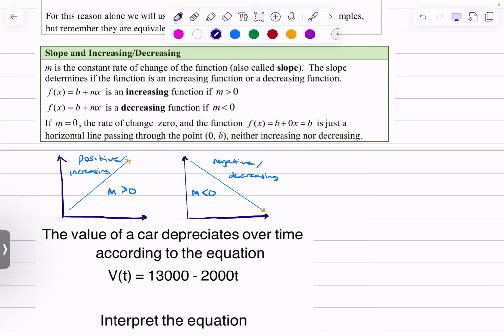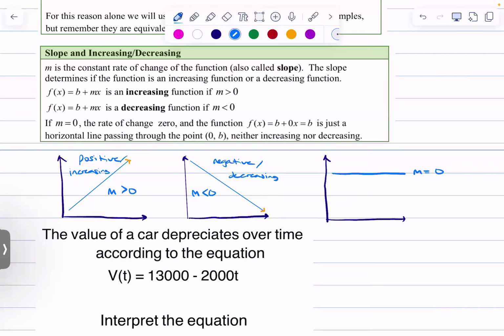Our final option is the special case where we have this, oh, I need to make it thicker. Just a horizontal line. Okay. I guess technically we have a fourth option, but we'll leave that.